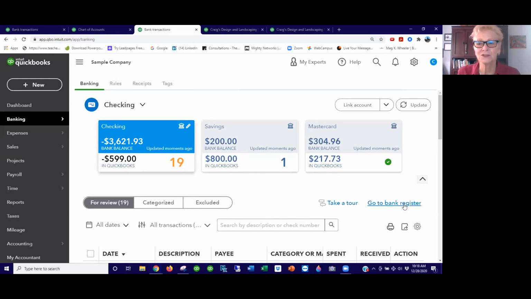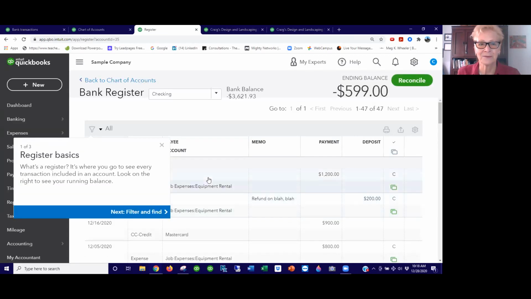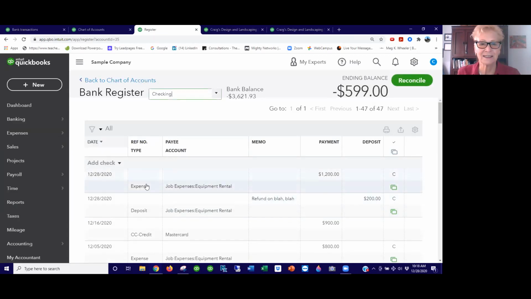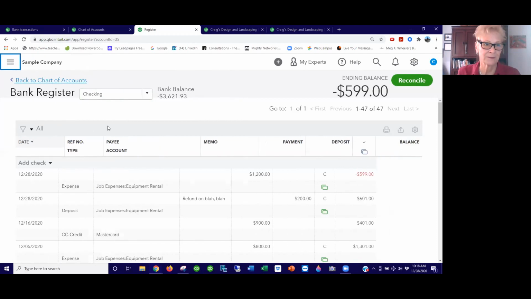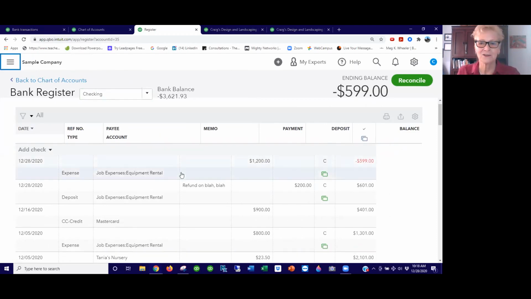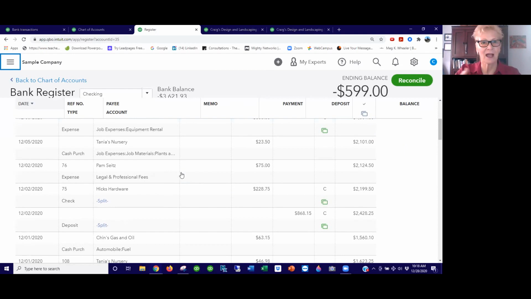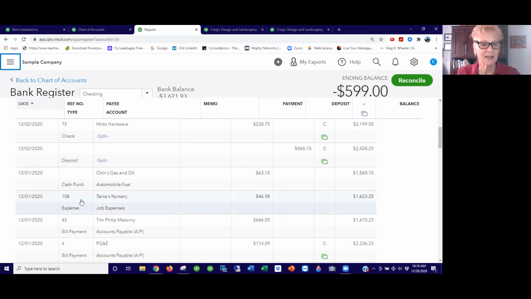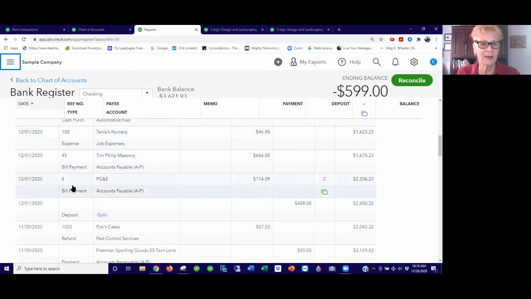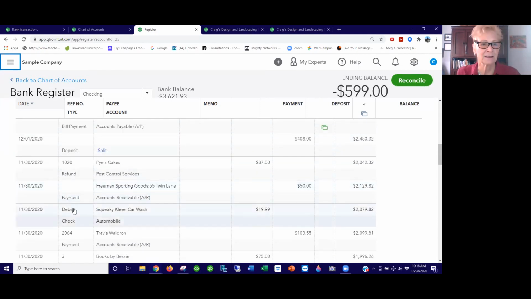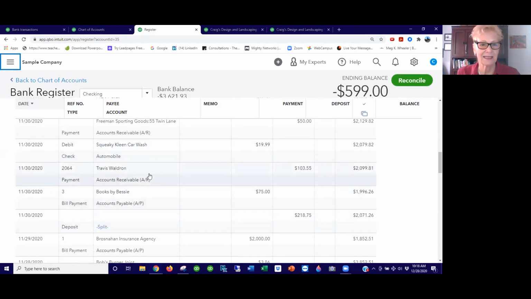Now, I can go to the bank register, which is here. And this bank register is just a list. It's the old-fashioned register. We used to carry one around in our wallets, right? As we look at that, we can see that here were some expenses, here are some bill payments, here were some deposits that were being made, some payments that were directly hitting my bank account, which I don't particularly care for.